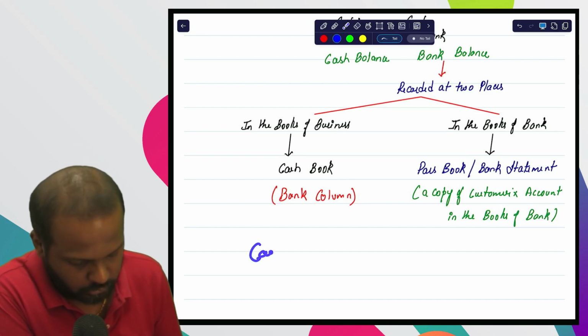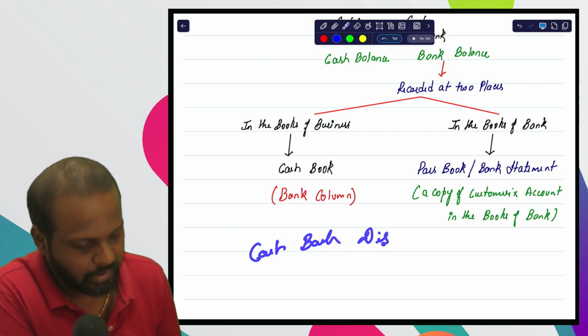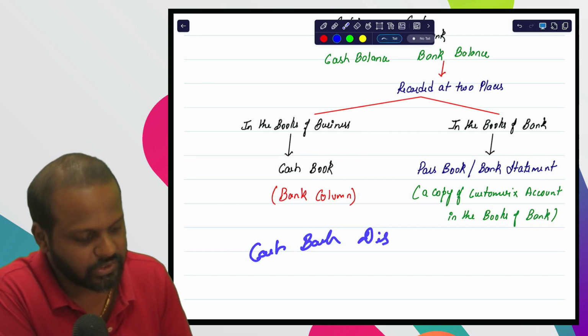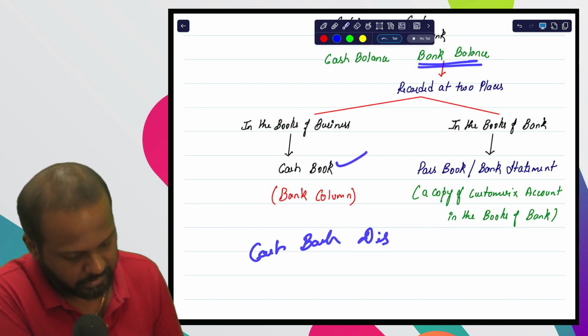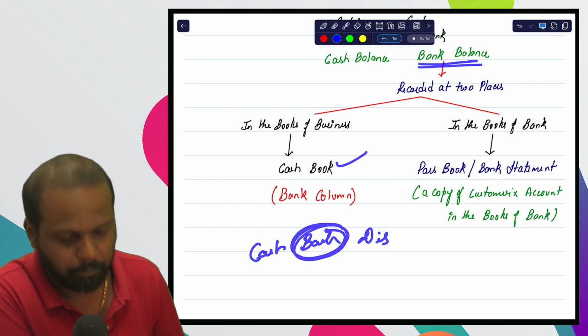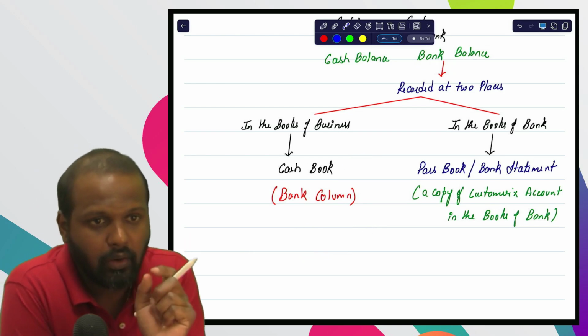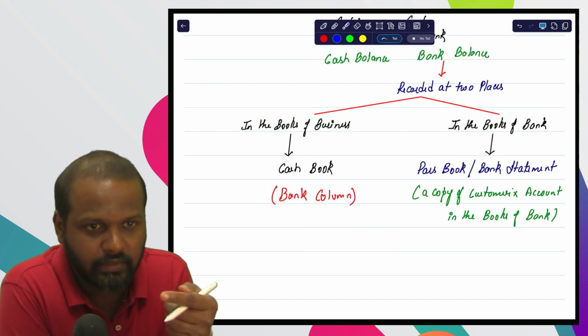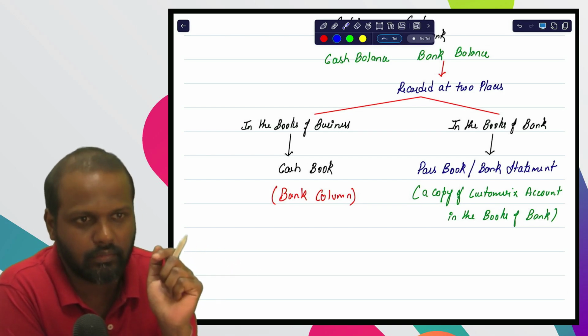So you have cash column, bank column, and discount column in the cash book. All banking transactions, or any transaction relating to bank balance, are recorded in the cash book. Which column? Bank column. And all kinds of banking transactions we have done through the bank, even the bank maintains a record of them.